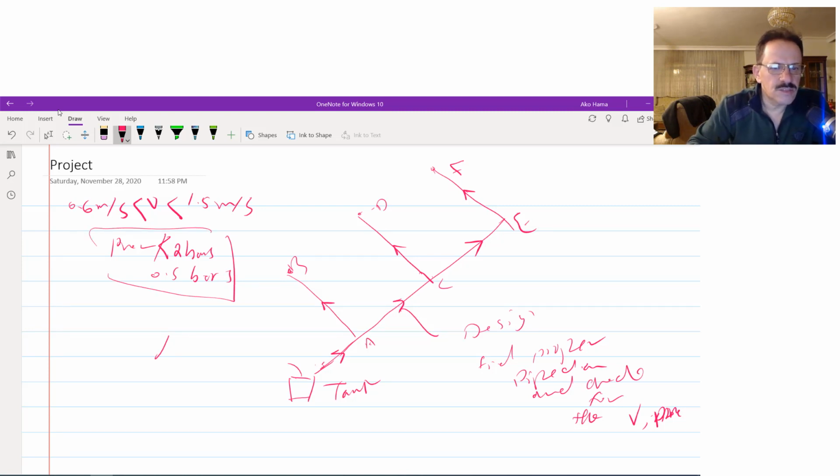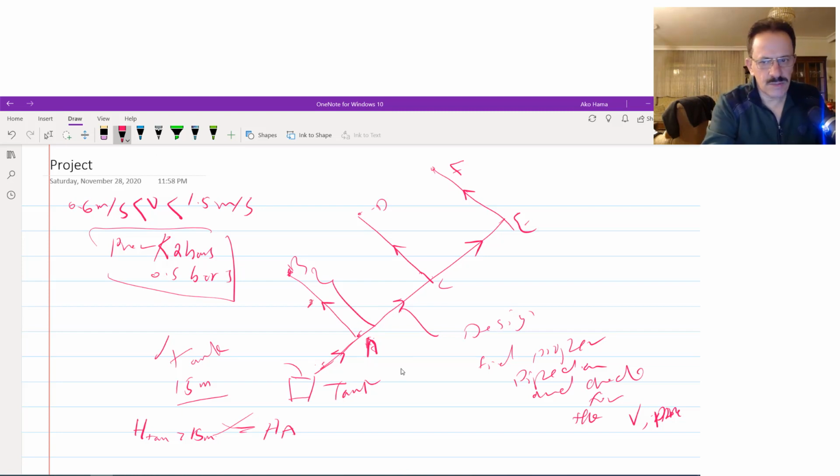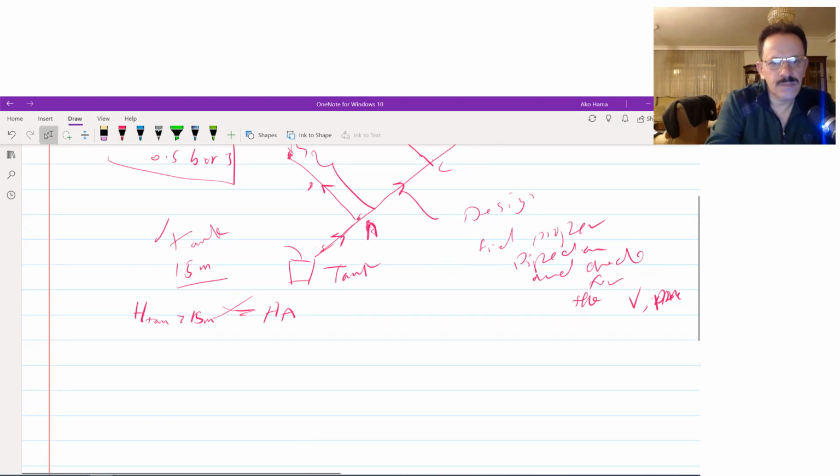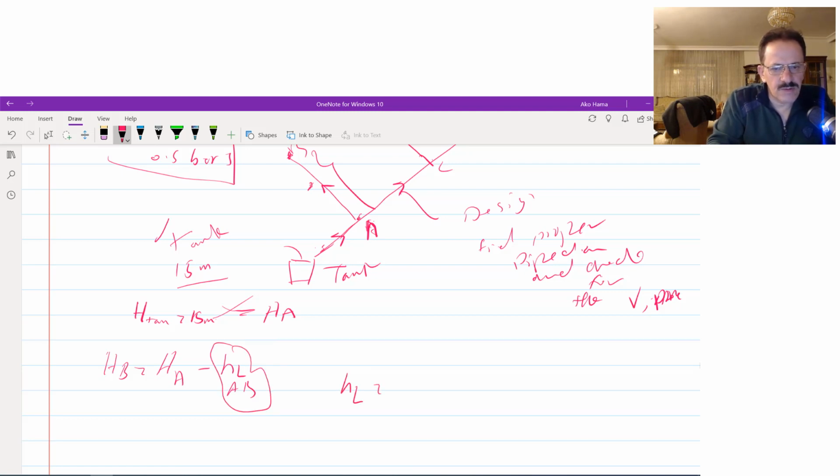Now I used a tank. This is the tank, and I say this tank is 15 meters high, so the head at the tank is equal to 15 meters, and I will assume it is equal to the head at point A. Now to find the head at B, I should find the flow in this pipe, because the head at B is equal to the head at A minus the head loss from A to B. This head loss can be found from f L over D times V squared over 2g.